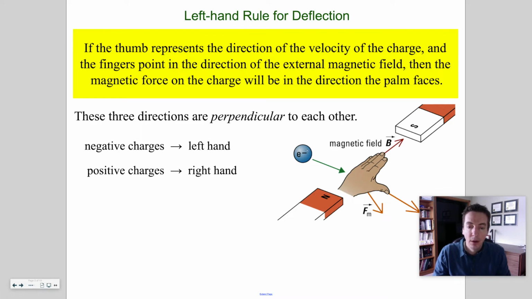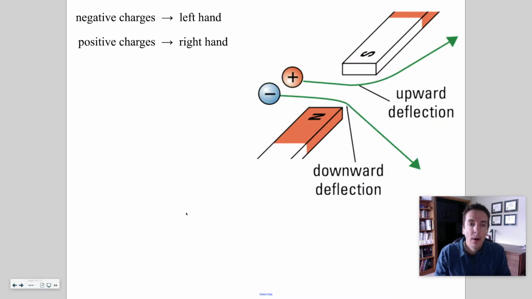Notice this is a left hand because it is a negatively charged particle. Once again, negative charges, use your left hand. So that would look like this. I don't know how it's going to come across on the webcam, but whatever. According to how I'm looking at the screen, north to south is where my fingers go.